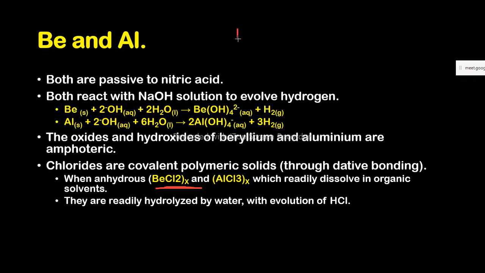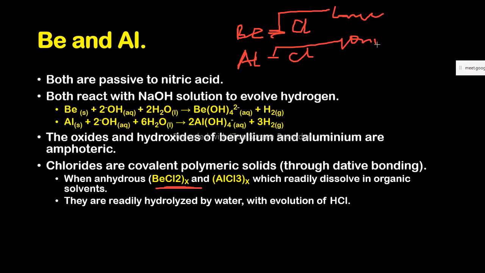And why is that happening? Because instead of forming a normal ionic bond, beryllium, which is a metal, reacting with chlorine, which is a non-metal, this bond is assumed to be ionic. Even with aluminium with chlorine, this bond is also assumed to be ionic. Like I said, it's an assumption. But truth of the matter is, these bonds are not pure ionic, but more of covalent bonds.